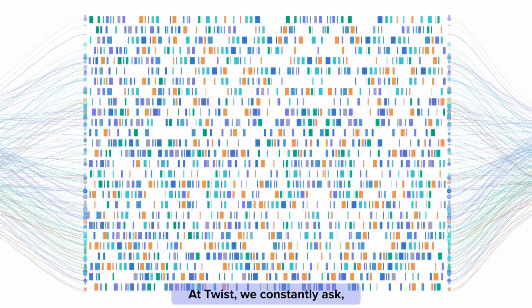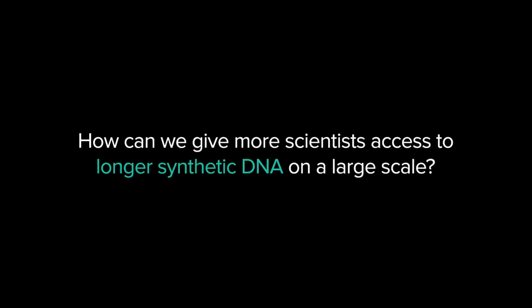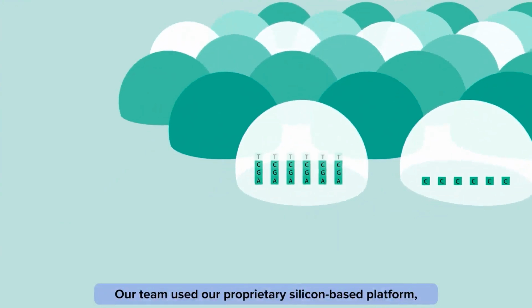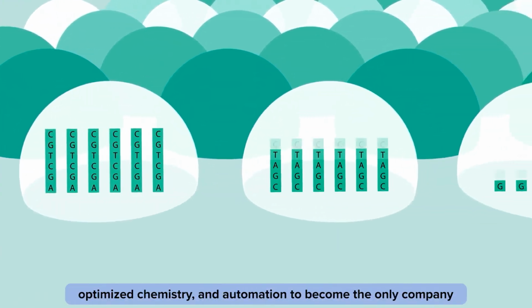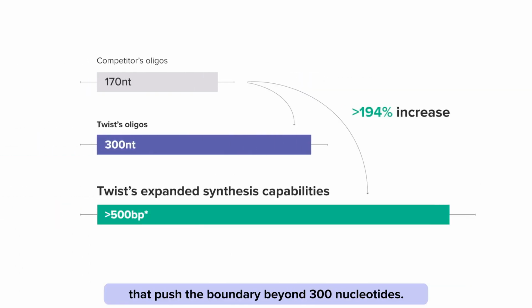At Twist, we constantly ask, how can we give more scientists access to longer synthetic DNA on a large scale? Our team used our proprietary silicon-based platform, optimized chemistry and automation to become the only company able to synthesize precisely designed pooled sequences that push the boundary beyond 300 nucleotides.